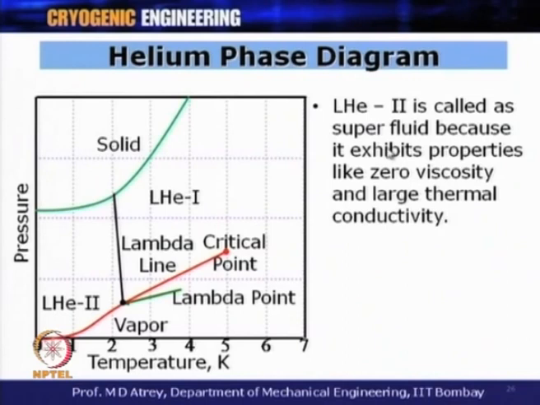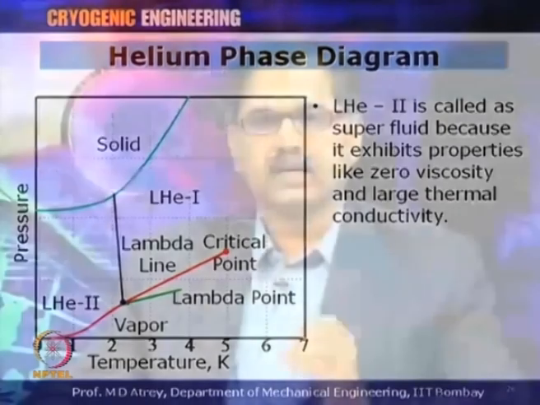Helium 2 has very close to zero viscosity, while helium 1 is like a normal fluid, with its own viscosity. What does it mean? It will never have effects like pressure drop or friction. It can move in any direction. It is like mercury basically, it can run through small little channels, and you don't have to bother about the pressure drops happening in helium 2, and this is very important.